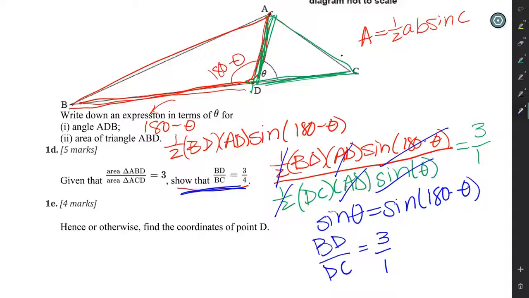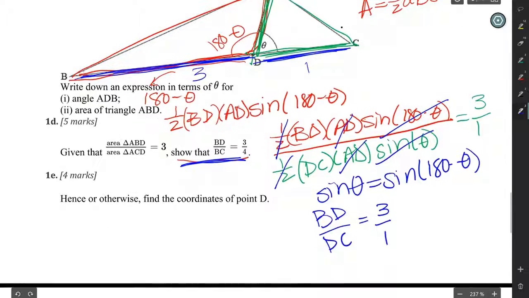So when I look back at my picture, BD is this piece I've highlighted in blue, which is 3, and DC over here is 1. BC would be the whole thing.